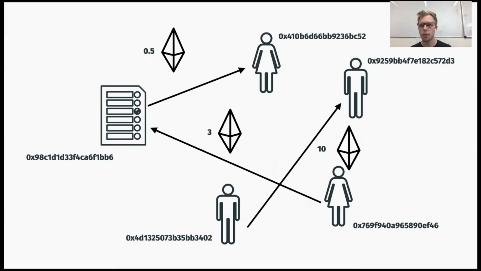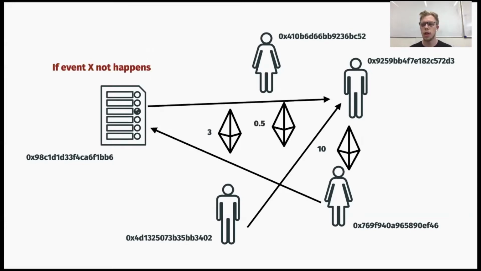Then all participants of the network can use the smart contract and the logic inside of it. Inside this logic, you can encode various events. For example, if event X happens, we send money to Alice. And if the event does not happen, we send money to Bob. This way, you can build very complex systems directly on the blockchain.